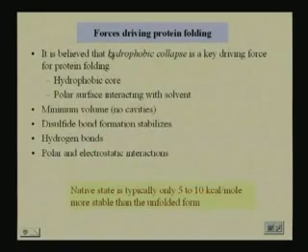Okay, so what are the forces that are going to drive protein folding? Because now we don't have our polypeptide chain anymore, we have a folded protein structure. Okay, and what we need to know is how this protein folded structure is formed. Now, there are certain terminologies here that I am going to go through. One is called hydrophobic collapse. Now, what we mean by this is that you know that the core of the protein is hydrophobic in nature.